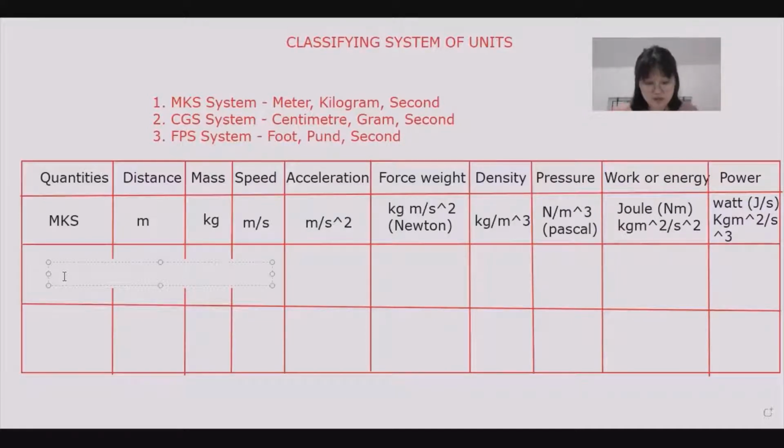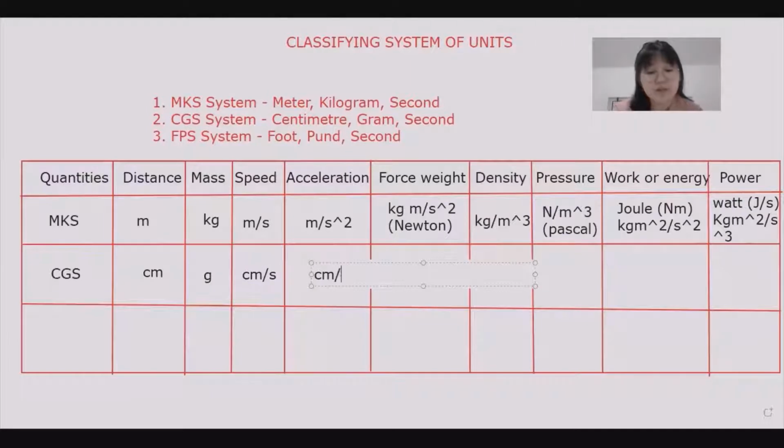So the next system that we are going to discuss is the CGS system. In the CGS system, the distance will be centimeter and the mass will be gram. The speed is centimeter per second.